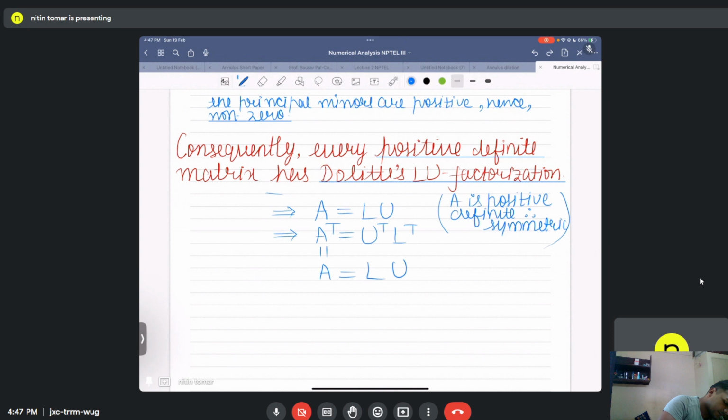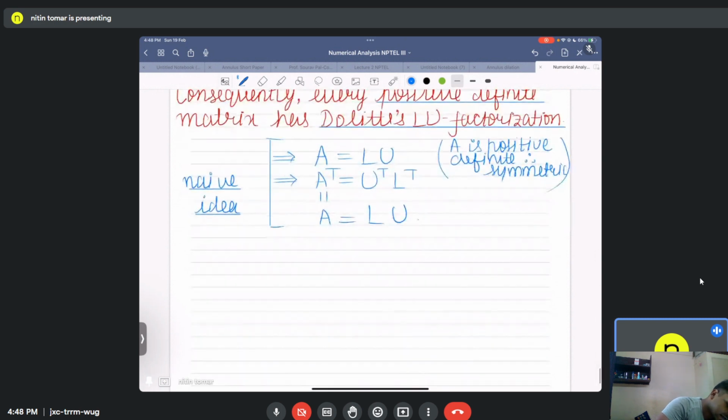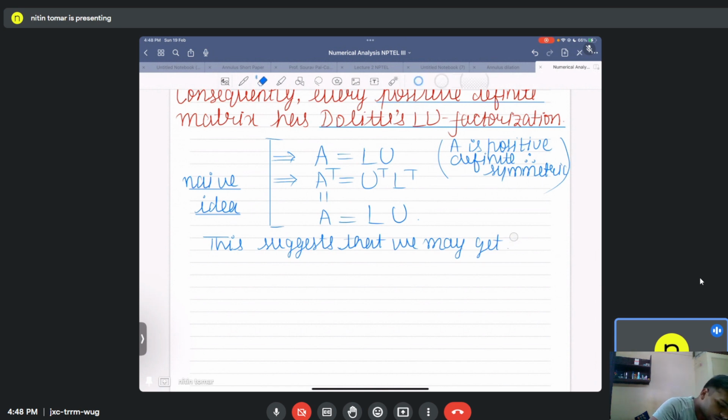L transpose equal to U. So this suggests that we may get L to be, or U to be, L transpose.